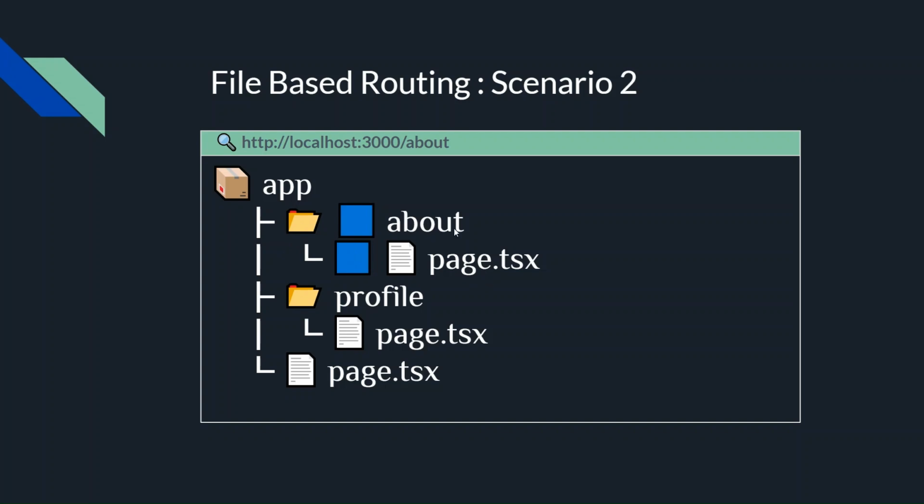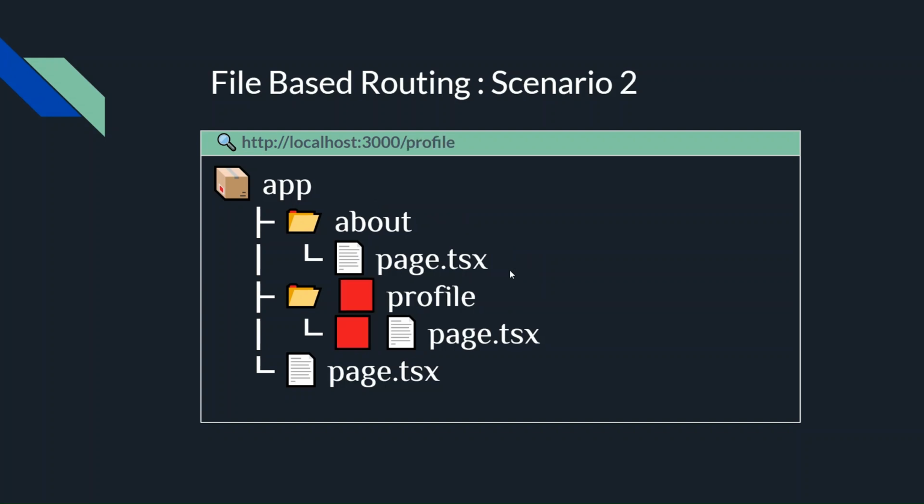This about folder acts as the route, and the content of its page.tsx will be fetched on the about URL. When we visit localhost:3000/profile, this folder with the page.tsx file will be activated, and it acts as the routing in this Next.js application.